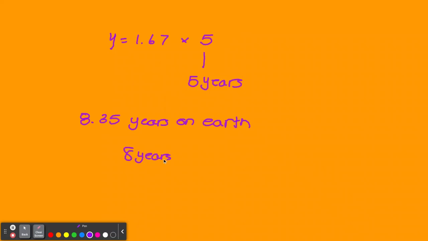So on your spaceship, it's just 5 years. But if you multiply that, you'll get 8.35 years on Earth. And that's just like 8 years, 4 months. So 8 years and 4 months have passed on Earth, but 5 years have passed on your spaceship. So you're 3 years and 4 months off.